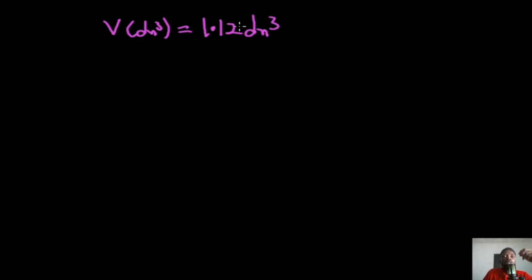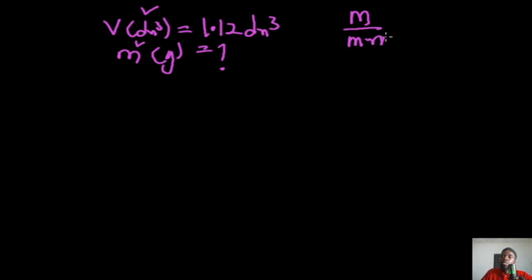Now, the next thing that we were asked to find is the mass of that chlorine gas. Remember, in this case, you are given the volume in dm cube and asked to find the mass. The formula we are going to use, as we have discussed, is mass over molar mass equals volume in dm cube divided by 22.4.